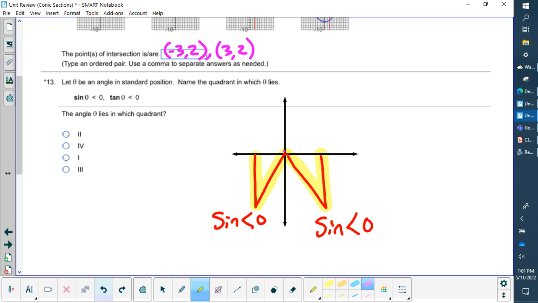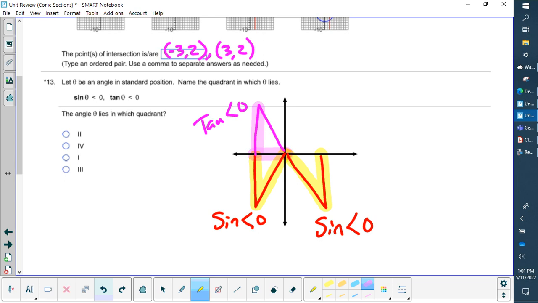Let's do a better job. Opposite is positive, but adjacent is negative. So this would be a section where tangent is less than 0. And again, if I plugged in some numbers, like what if this is 5 and this is -2? I would get -5/2. So tangent here is less than 0.